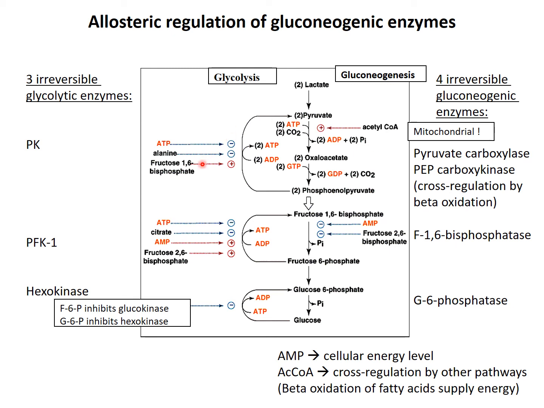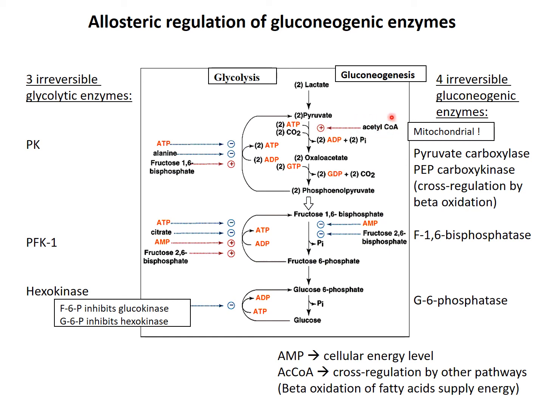Now, what is circumventing PK? 2 enzymes, and out of which pyruvate carboxylase will be regulated by acetyl coenzyme A. This is again a cross-regulation by another metabolic pathway. And acetyl coenzyme A will be the positive regulator. Why?